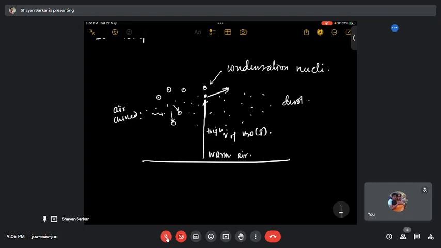Okay, so when vapor molecules condense on such nucleus, then cloud droplet forms. Okay, clear? Cloud droplet forms in this situation.